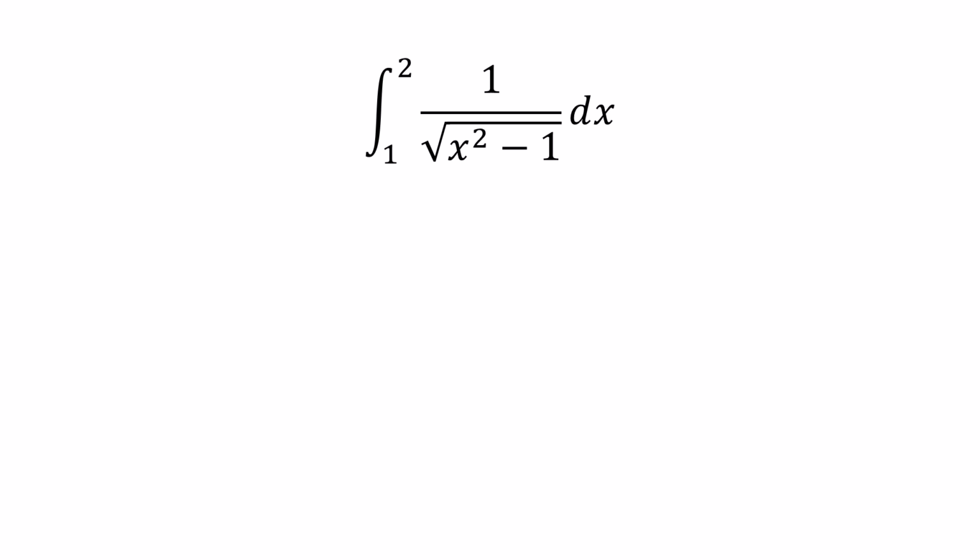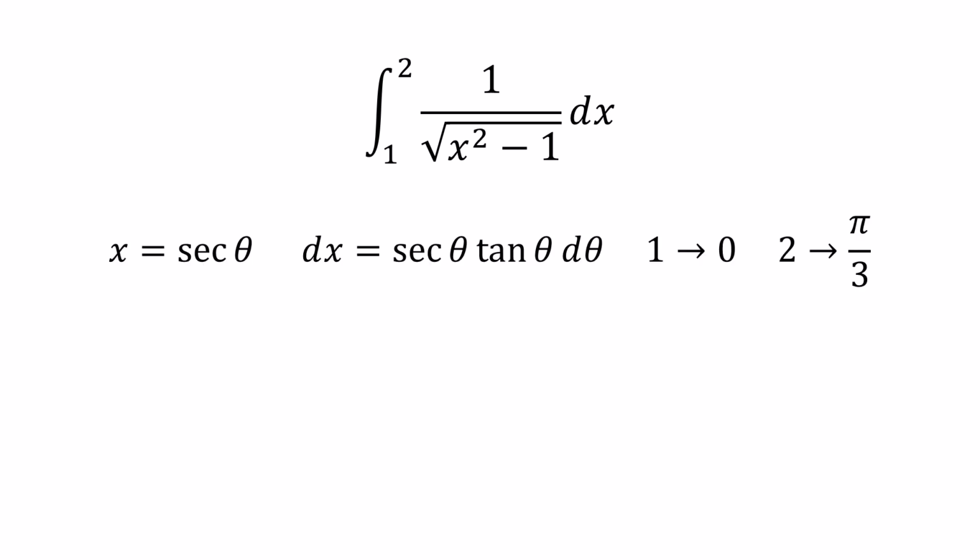Next, we evaluate the integral from 1 to 2 of 1 over root x squared minus 1 dx. To begin, we let x equals secant of theta.